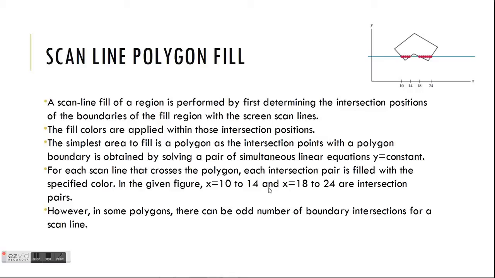Scan line polygon fill. When we use scan line fill, it is performed by the intersections of the scan lines with the polygon lines. Here we can see 10 to 14 and 18 to 24 are intersecting on the scan lines. Then these are considered and colored.